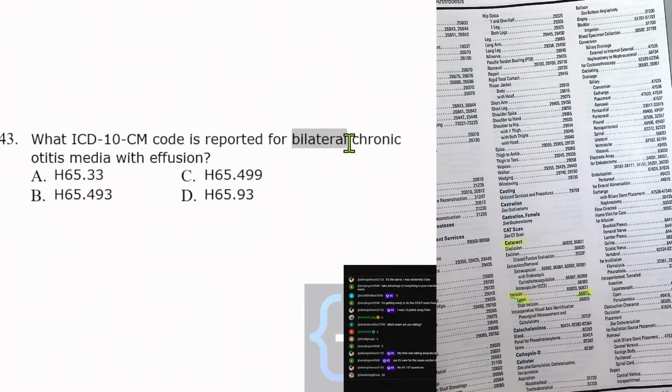If we're bilateral, what does that mean we will find in our available answer? We should have the number 3 in our available answer, right? So anything without a 3 in it, you could get rid of. Would we have 5 digits or 6 digits?